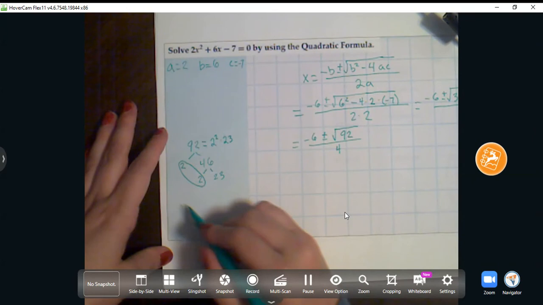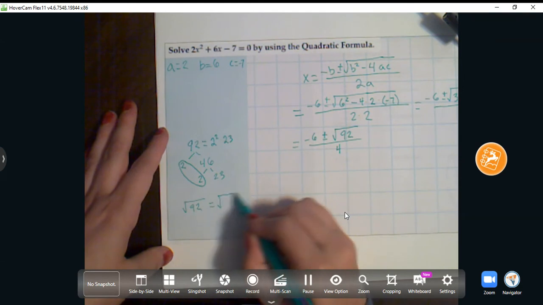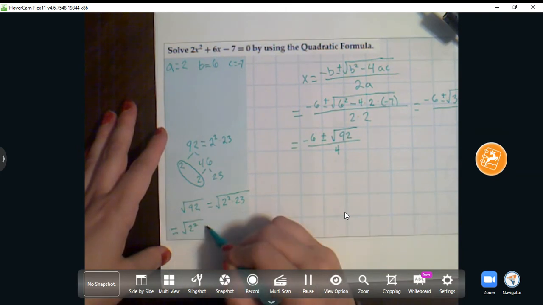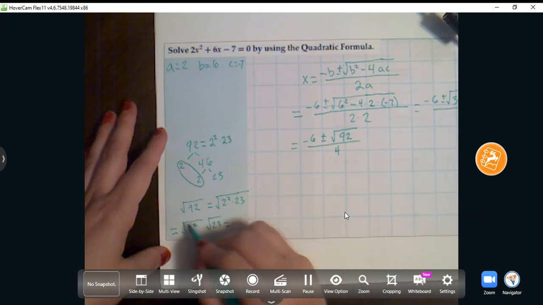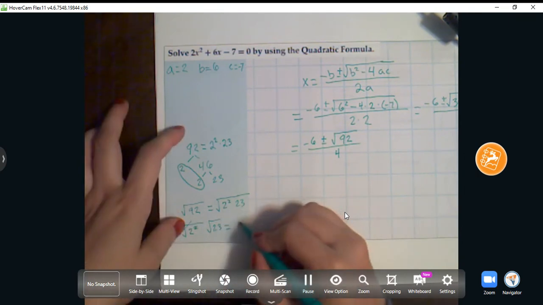And the reason why that's important is because if we have the square root of 92, remember that we can rewrite this as the square root of 2 squared times 23. And as long as this is multiplication, we can break apart these two things. And so then our 2 squared is going to reduce with the square root.